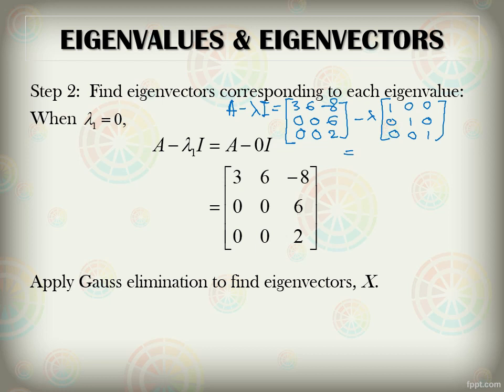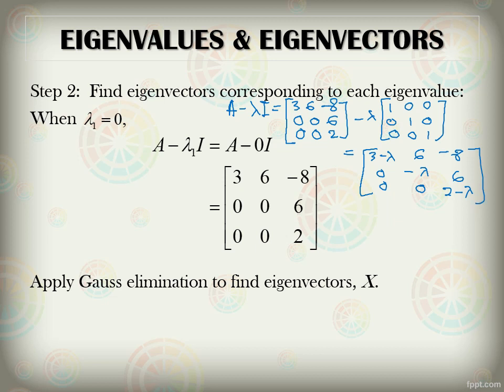Which resulted in this matrix. Minus lambda, which is 6. This is minus 8. This is 6. This is 0. And this is 2 minus lambda.